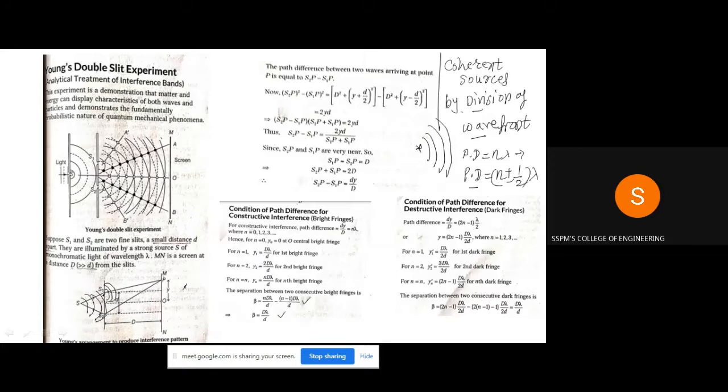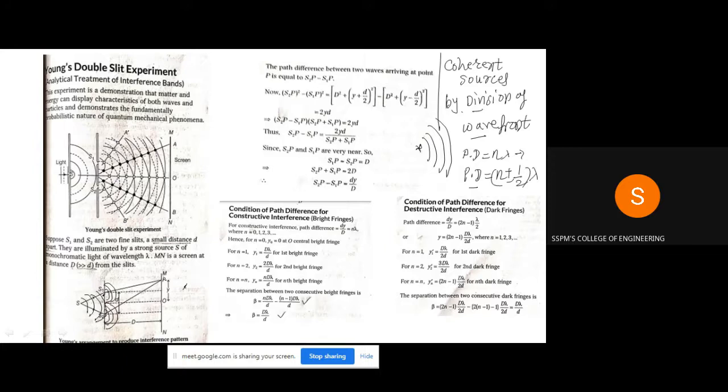Again, at this point, it acts as a source of secondary wavelets. So this is the first ray, S1P, reaching point M to produce either maximum or minimum of intensity with the ray coming from S2P.